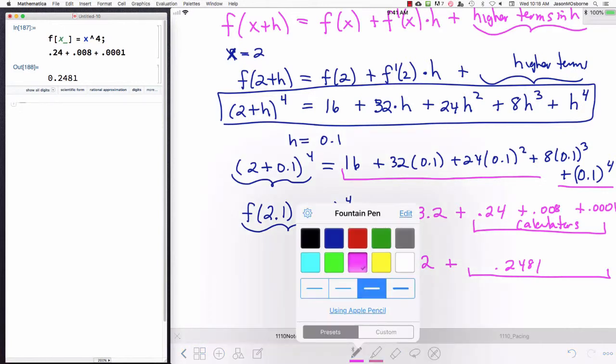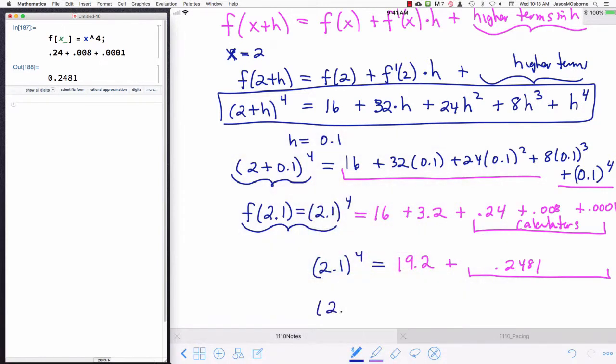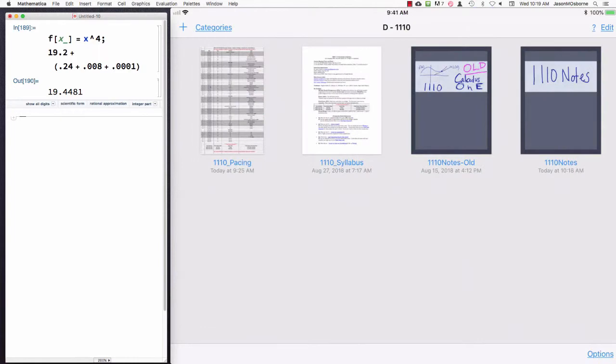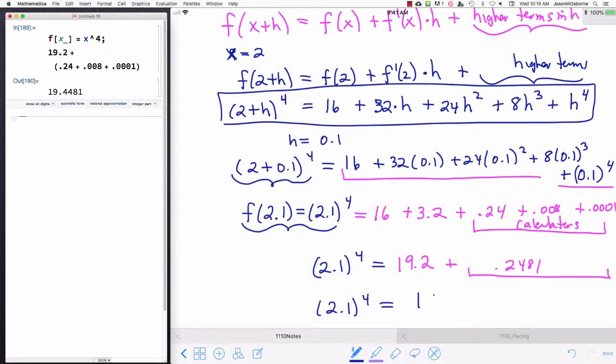So 2.1 to the fourth power is 19.2 plus the higher power in h terms, so you get 19.4481. And you're probably thinking, why didn't you just put that into the calculator, right?